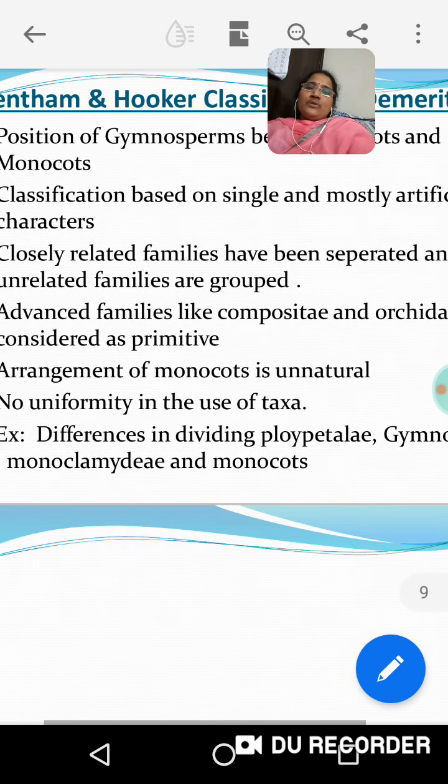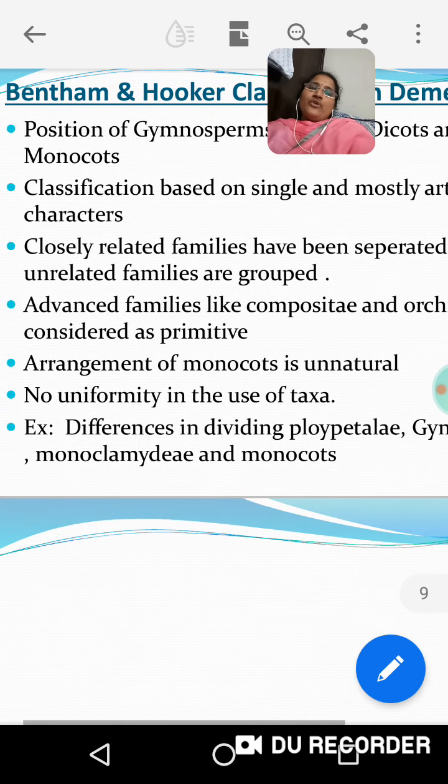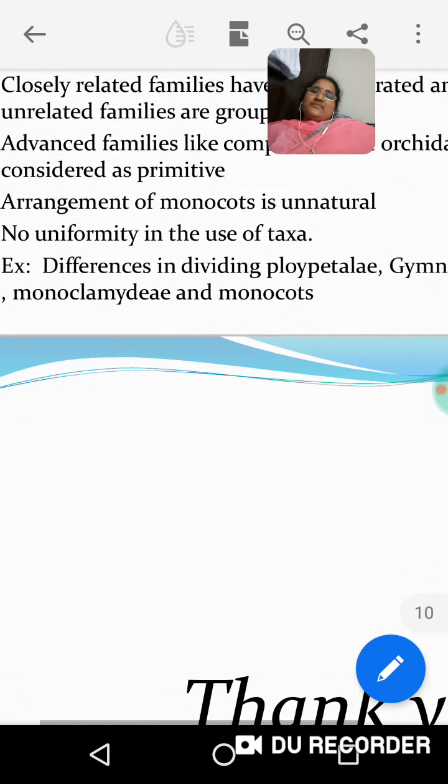Also, the monocots are directly divided into series, and there are no orders in monocots either. So there is some difference in the classification. The whole classification is not proposed in a uniform manner. There are some deviations and differences. That is why these are all the demerits of the Bentham and Hooker system of classification.